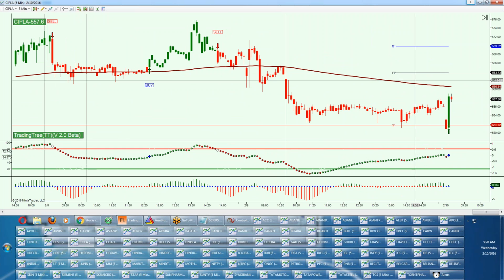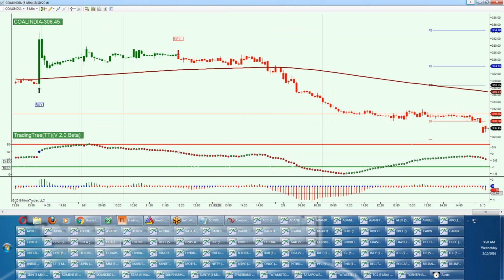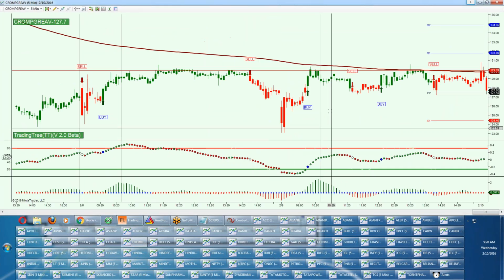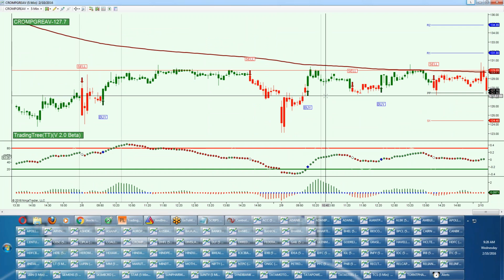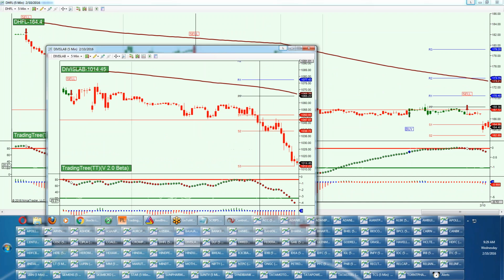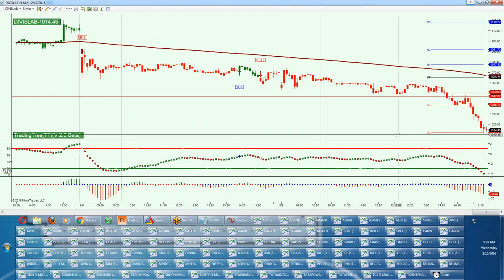brown line. Crompton, we will short it here. Divis, we will short it below the S3.